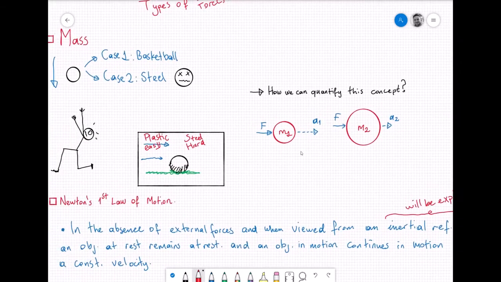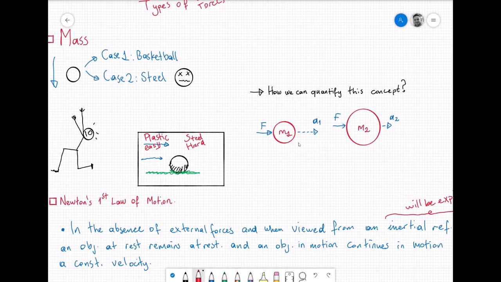So how can we quantify this concept? In his time, Newton conducted several experiments, and he showed that if you apply the same force to two different objects which have different masses, the one with the smaller mass will accelerate more than the one with the larger mass.